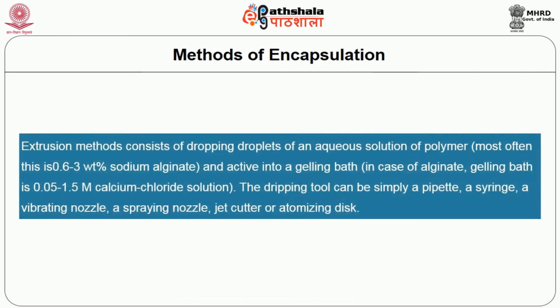Extrusion methods consist of dropping droplets of an aqueous solution of polymer and active into a gelling bath, which is some kind of a calcium chloride solution. The dripping tool can be simply a pipette, a syringe, a vibrating nozzle, a spraying nozzle, jet cutter or atomizing disc.